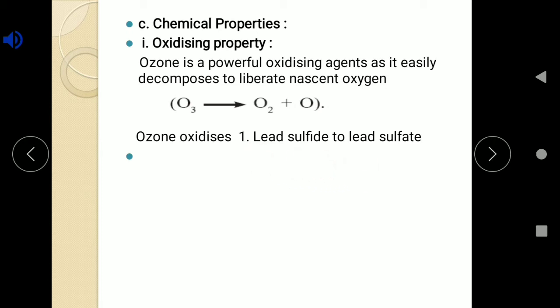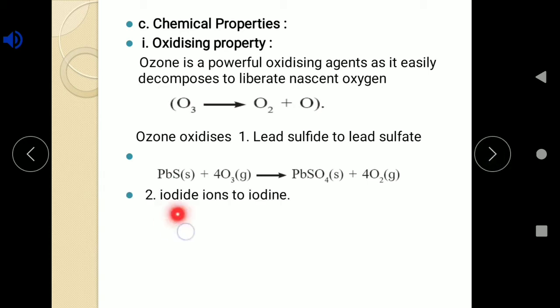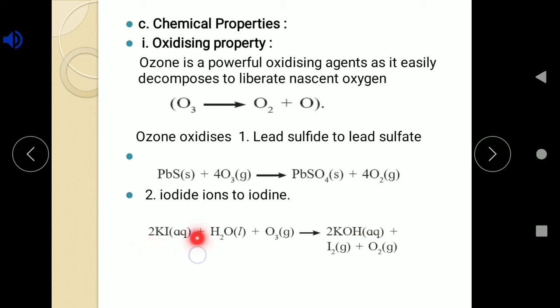First, it converts lead sulfide to lead sulfate as oxygen is added. That means PbS on reaction with ozone gives lead sulfate along with the liberation of oxygen. So this is oxidation. Second example, iodide ions to iodine. Potassium iodide, where iodide ions are present, is converted into molecular iodine.